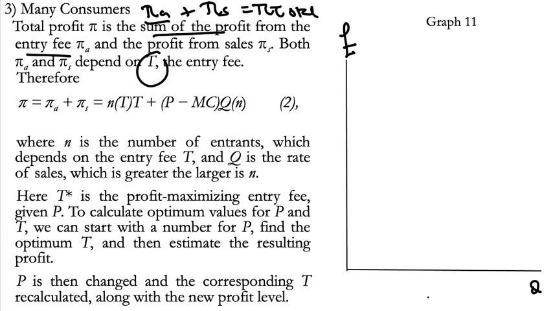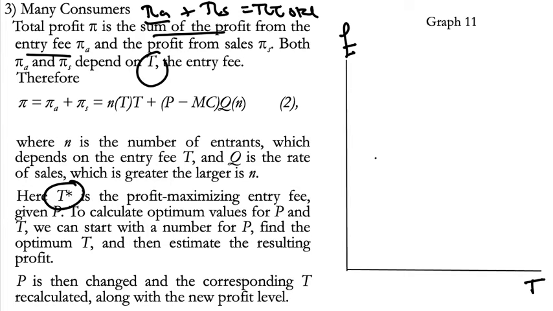Logically speaking, it's not quantity, it is actually the entrance fee. Our issue here is to decide what is the optimal or the best entry fee so that we can maximize profit. So let's say on the horizontal axis, it's the entry fee. So we need to find the best entry fee, which we call T star, that can maximize total profit.